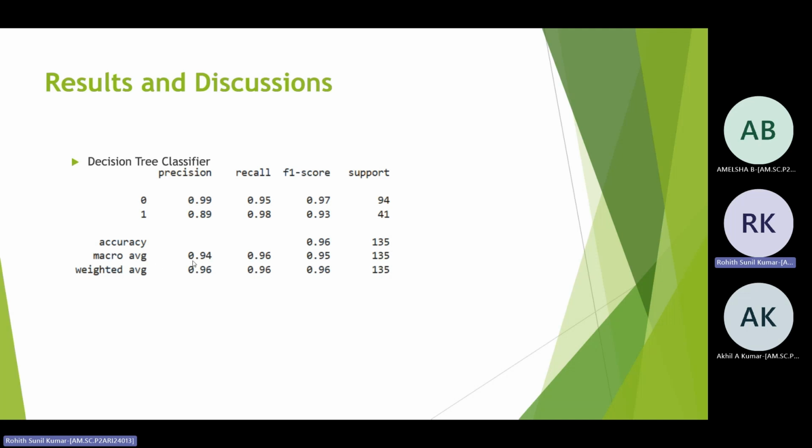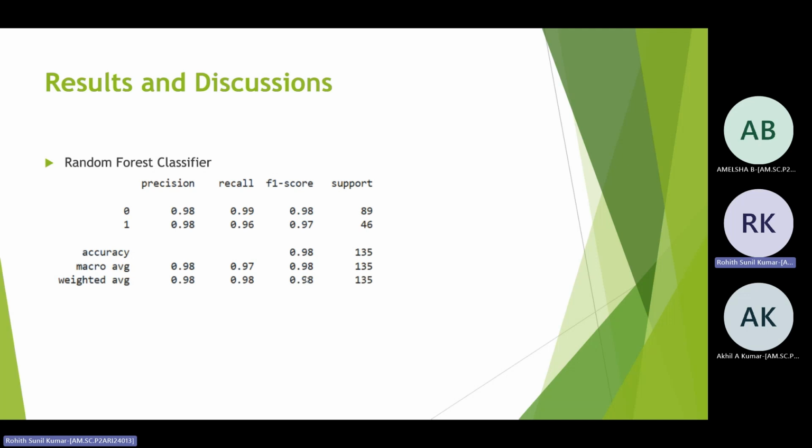The macro average for the precision, recall, and F1 score is 94%, 96%, and 95%, and the weighted average for precision, recall, and F1 score is 96%, 96%, and 96%. So the next is the random forest classifier.